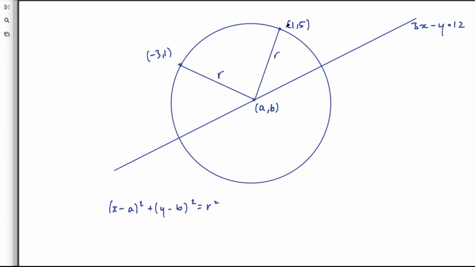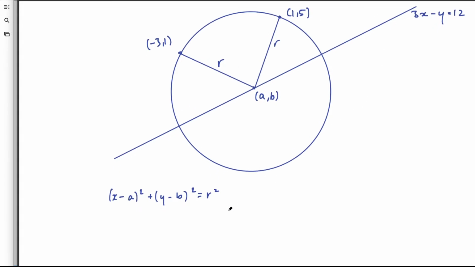Okay, so it's like simultaneous equations with the distances. So R is equal to, if you use the distance formula, but we could use that point to a line formula again.